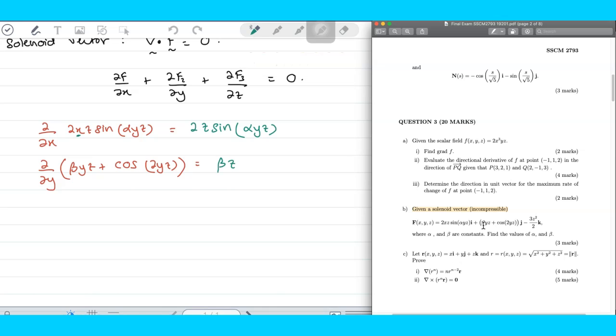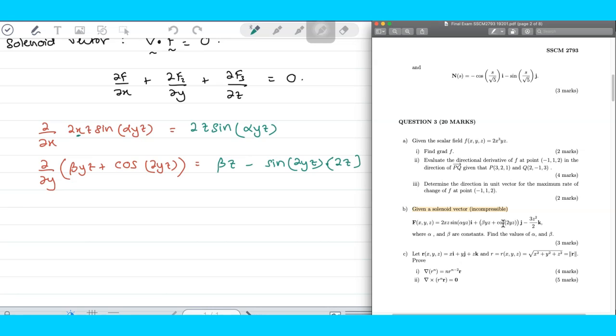For the second, the y is inside the cos, so you apply the chain rule: differentiating the outer function gives minus sine of 2yz, multiplied by the derivative of the inner with respect to y, which is 2z.